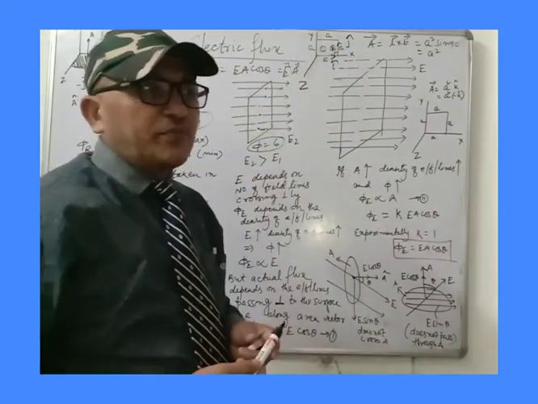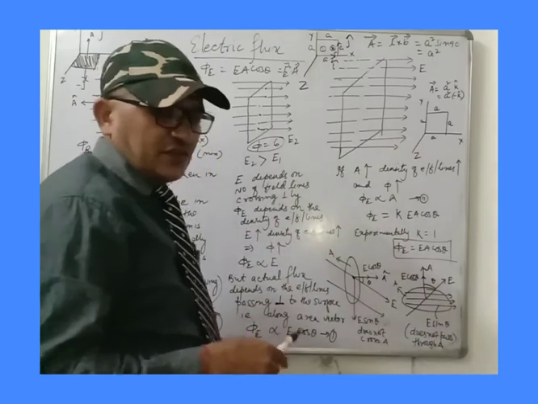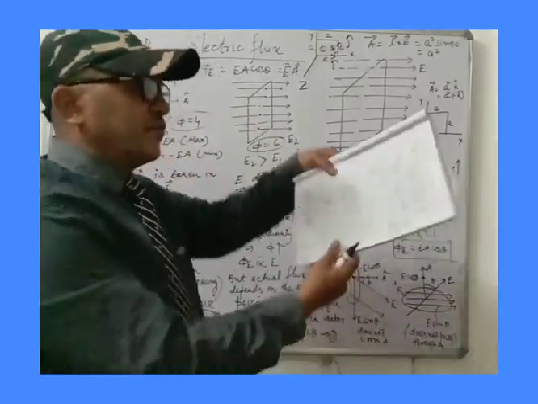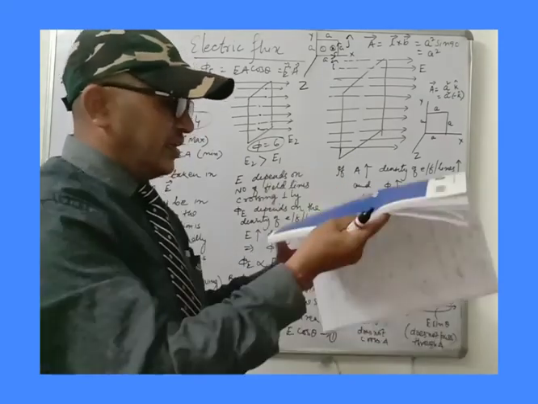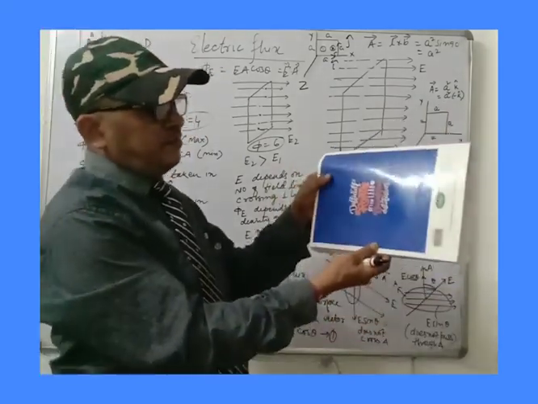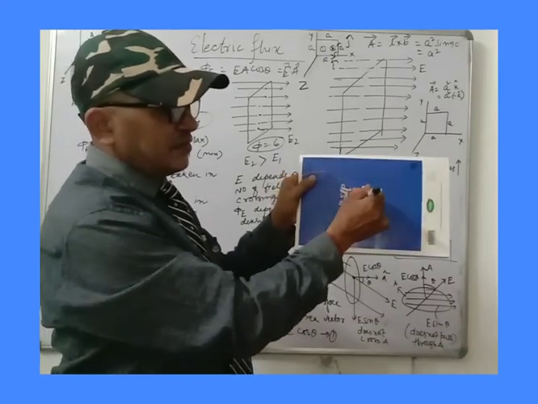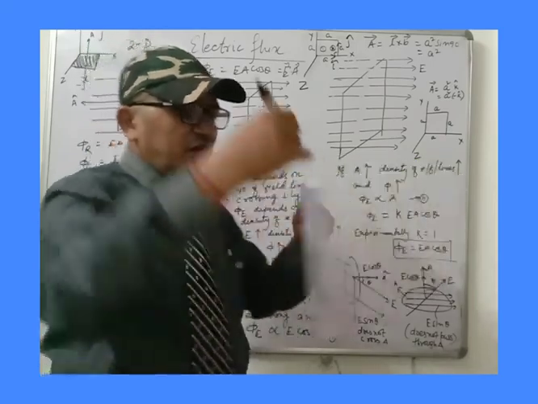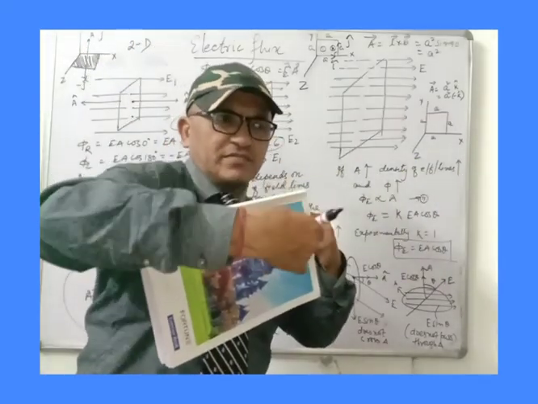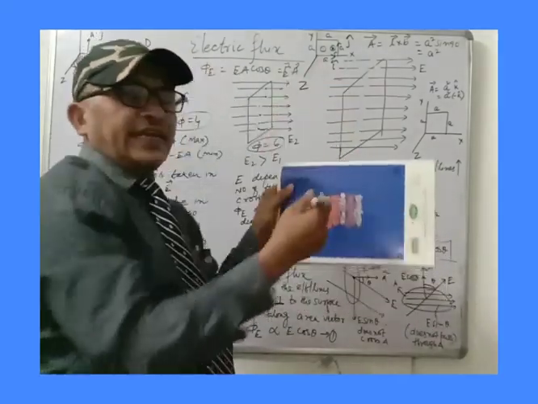Both directions are possible. Suppose there is a surface like this. This may be the direction of the area vector, or this may be the direction of the area vector.